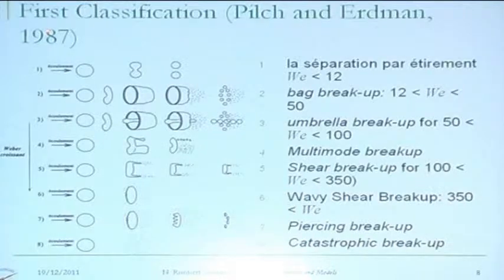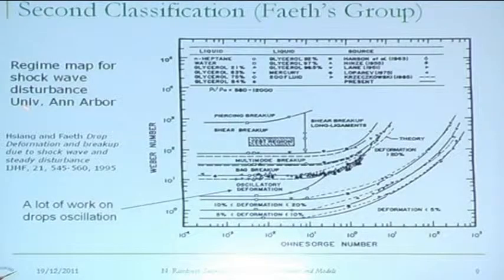The next step was work done in Michigan by Faeth's group in Ann Arbor, and they studied either using a drop tower and falling droplets, or using a shock tube and sending shock waves onto the droplets. They made this kind of classification. Here you have the Weber number, here you have the Ohnesorge number, and they found that the bag breakup regime was limited.